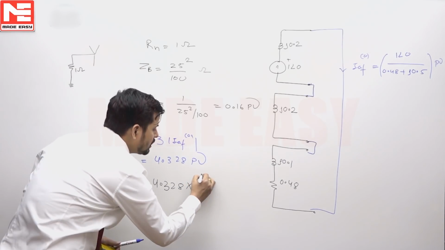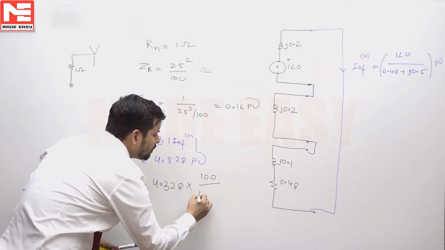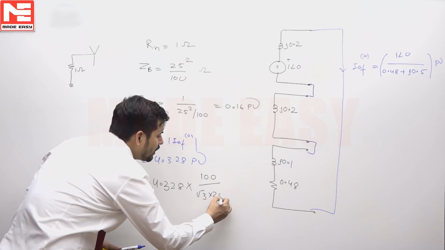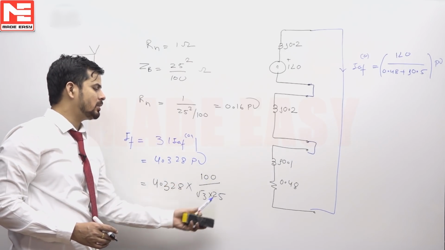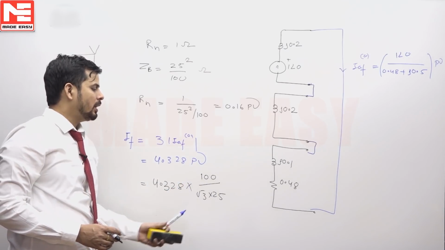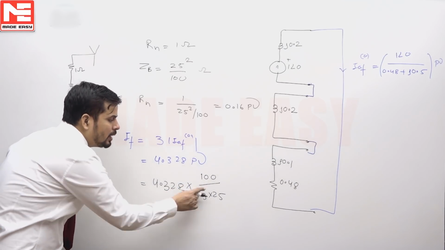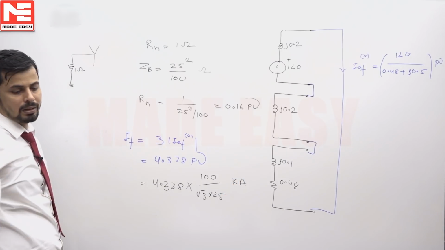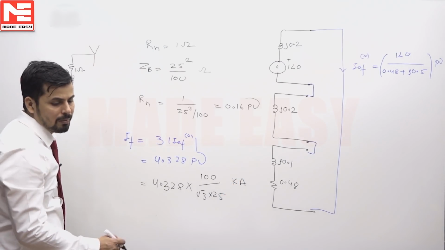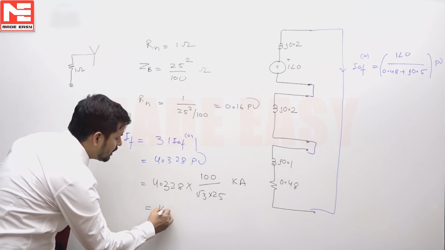What is current base? It is 100 upon root 3 into 25. 100 is power base, 25 is voltage base. This per unit fault current into current base will give the actual fault current in kiloampere. So the correct answer will be 10 kiloampere.